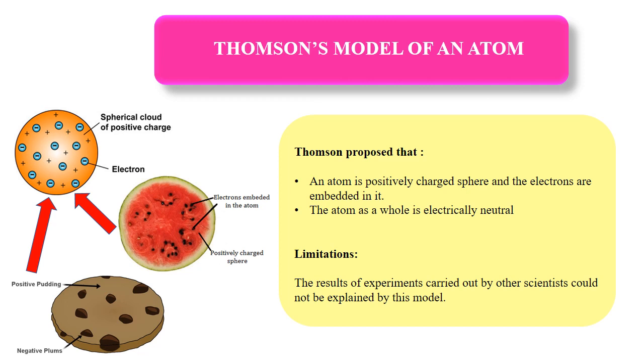The negative and positive charges are equal in magnitude, so an atom as a whole is neutral. The limitation of this model is that the results of the experiments carried out by other scientists could not be explained by this model.